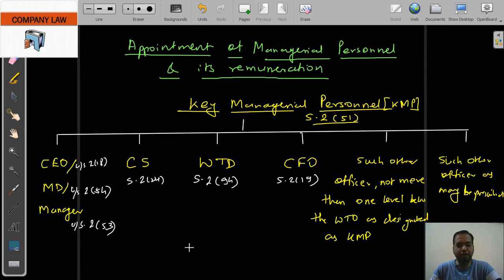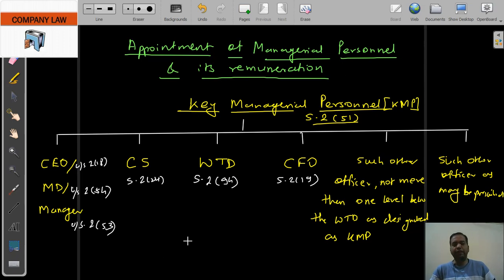Now, who is a CFO? That is Chief Financial Officer. It means a person appointed as Chief Financial Officer of a company, who will have the powers, or who will head the financial affairs of the company. That person is the Chief Financial Officer of the company. The fifth category is such other officer not more than one level below the WTD.